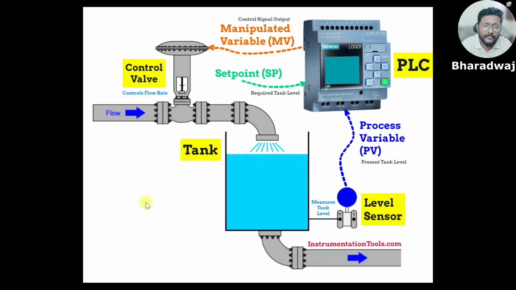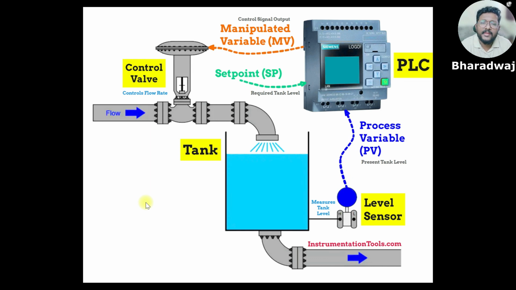The Siemens LOGO PLC is a very small PLC, remember that it is not a big one. They provide only a PI controller. In other PLCs, medium and large scale PLCs, you will find the PID controller. It doesn't matter which type of controller it is, the basic concept is the same.